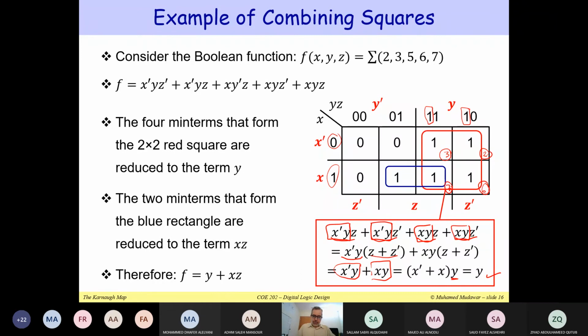Okay, so this is my proof that algebraically we can simplify this to a single literal. We can get this directly from the Karnaugh map, but we can also show it algebraically that you will get this term, which is y.